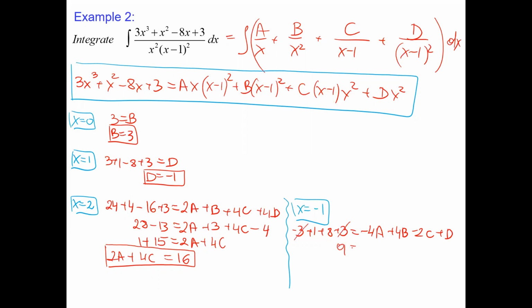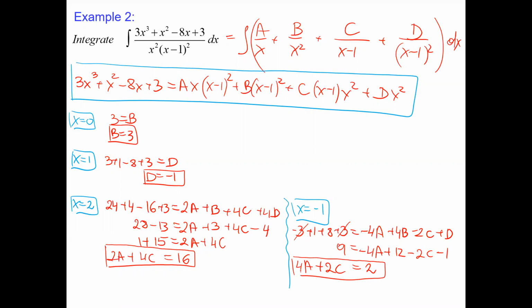Okay, we have 9, negative 4a, and then b is 3 times 4, 12, minus 2c, and d is negative 1. I can add 4a to both sides. I can add 2c to both sides. 12 minus 1 is 11, and subtracting 9, it will be 2.